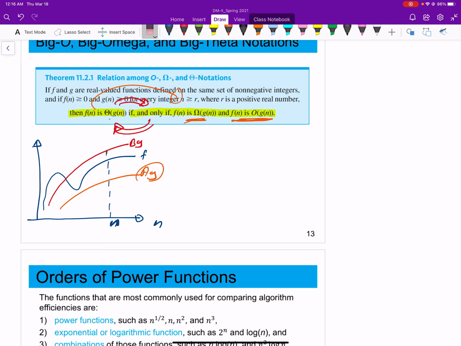Let me write it clearly. This implies two cases.